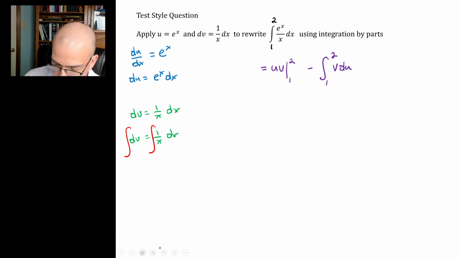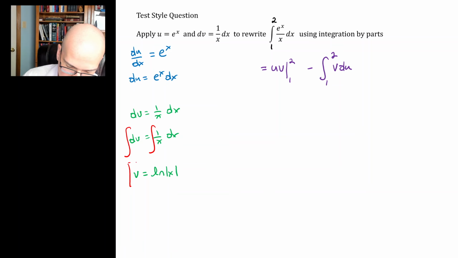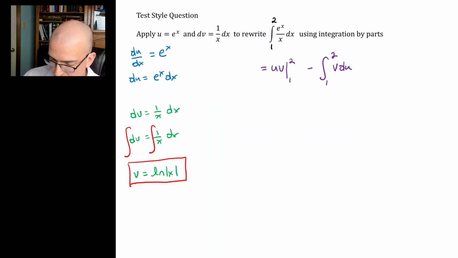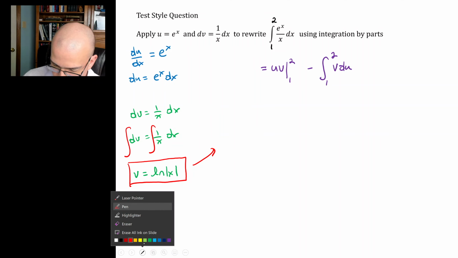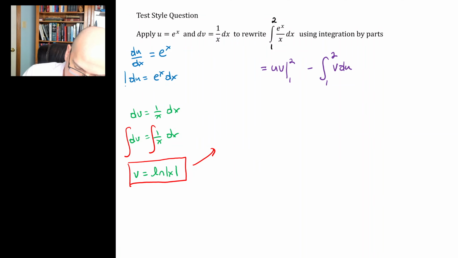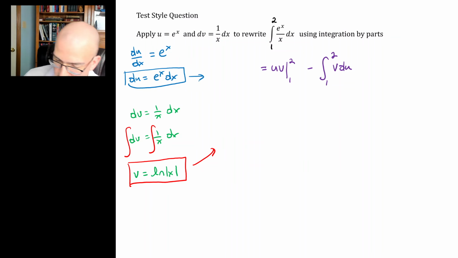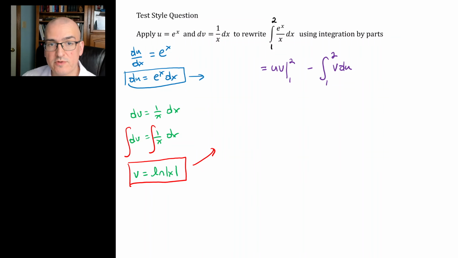To get v, we find v is equal to ln absolute value of x. So we'll take that, and our e to the x dx thing, and we'll plug both of those into our integration by parts formula.